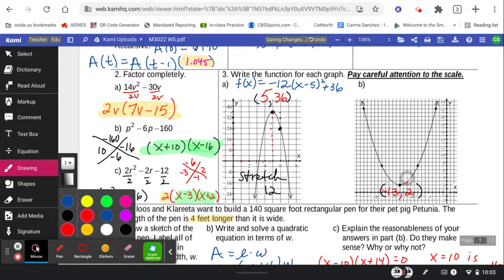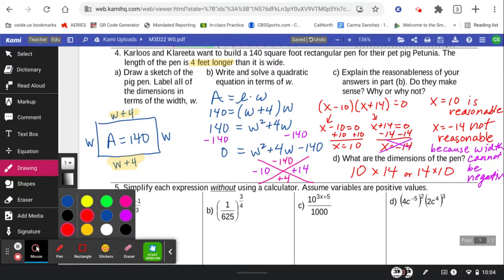Normally out 2 is up 4. Out 2, up 4. So this is up 1 of the normal 4. Your stretch is 1/4. So here I go writing the equation. It's a right side up parabola, so it's positive 1/4 x minus a negative 13 squared plus 2. How'd you do writing that equation?